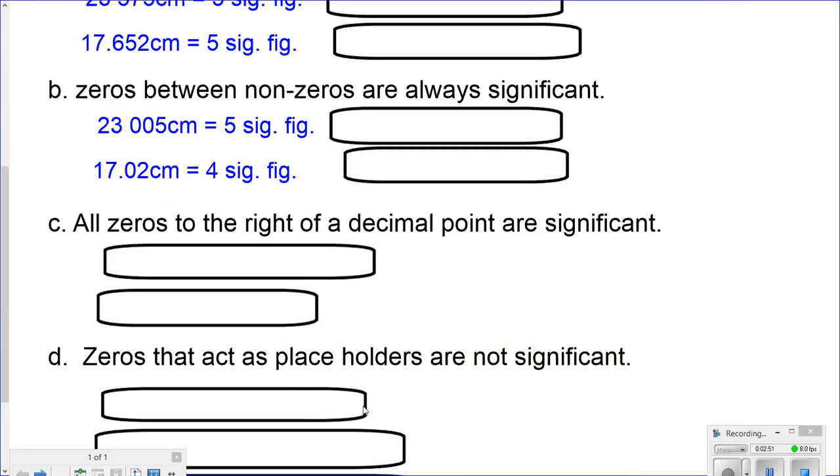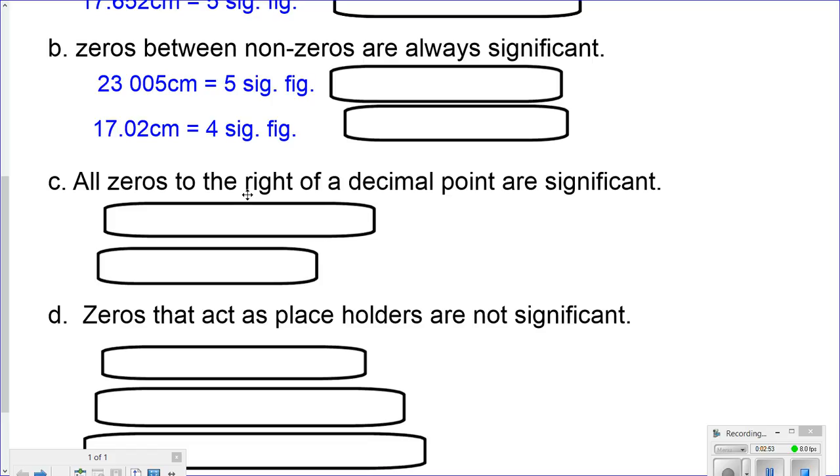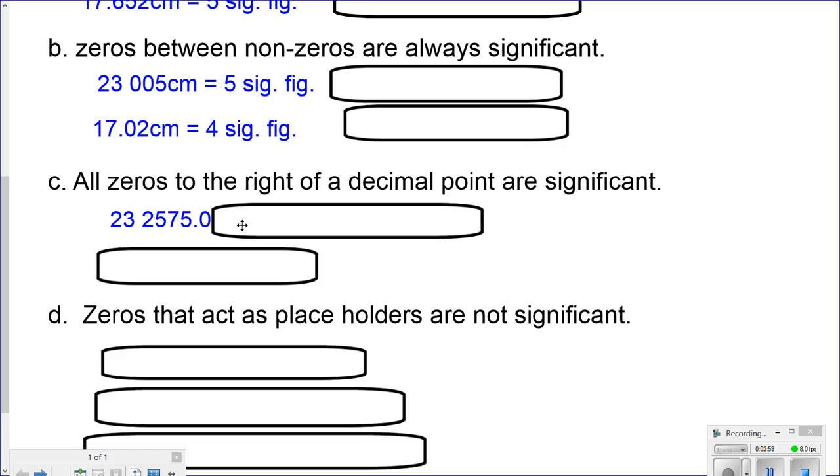Point C. All zeros to the right of a decimal point are significant figures. For example, 232,575.00.